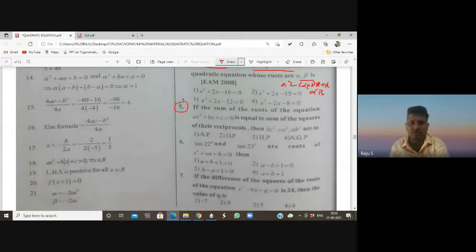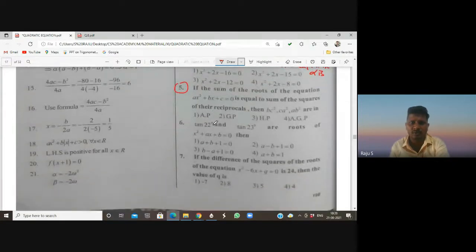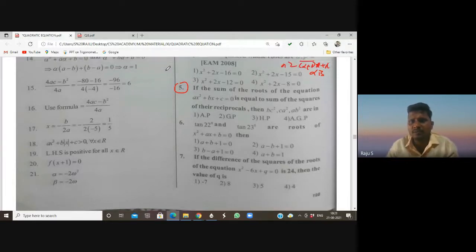Question number 4 is homework, and question number 5 I'm going to do. See, the sum of the roots of the equation is equal to the sum of the squares of their reciprocals. What is the condition?